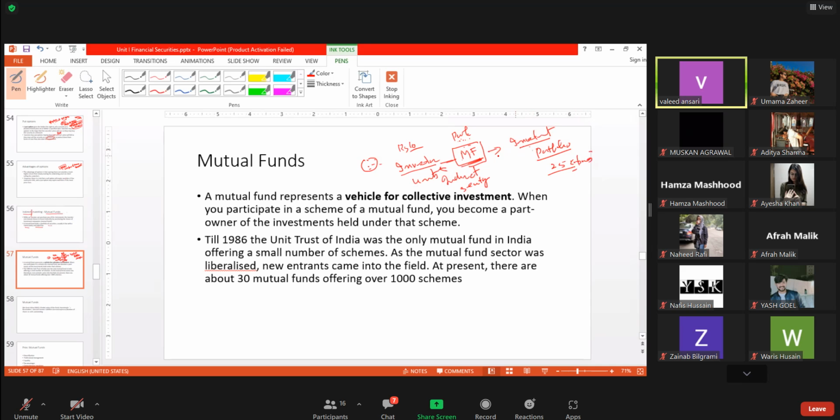The mutual fund holds the direct security. When they buy shares of companies, they are holding them, whereas because of the performance of this portfolio, the investors will benefit. It is like one is entrusting the task of investment to the mutual fund.